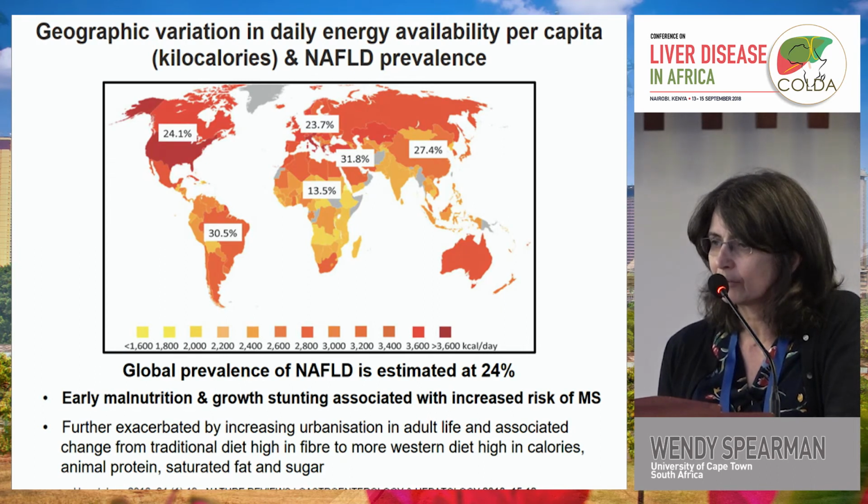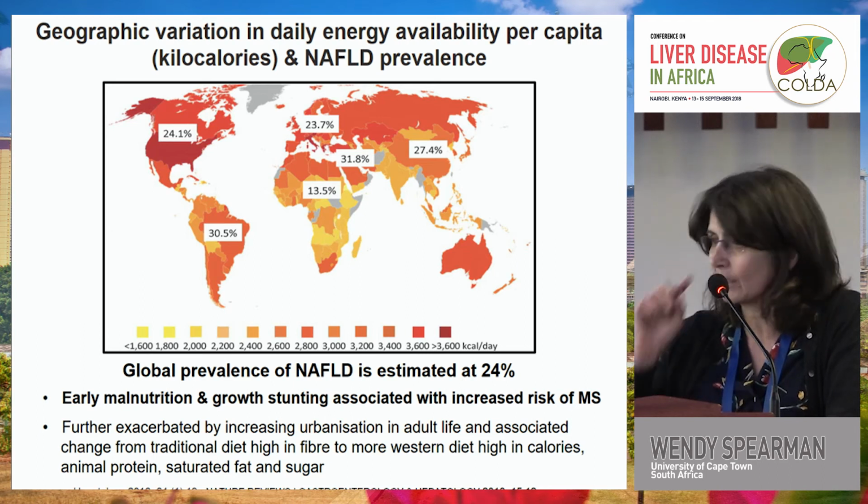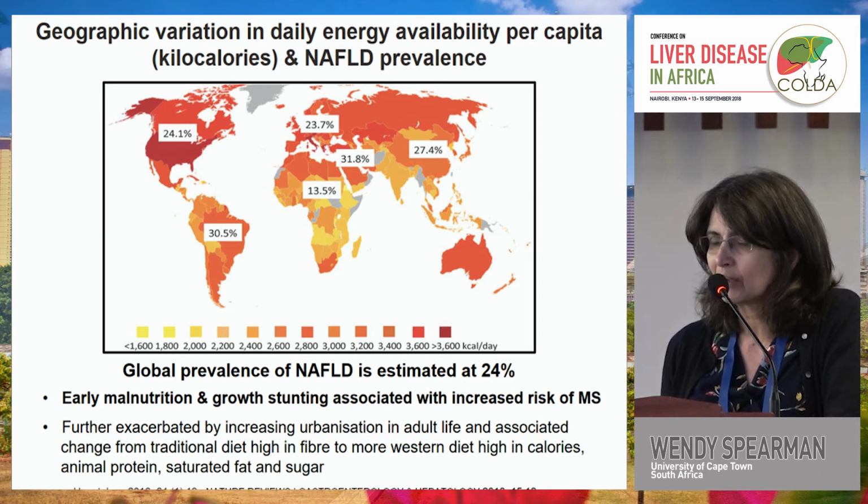If we look at this map, we see the global prevalence at 24% and an estimated prevalence of NAFLD of 13% in Africa. However, if we look at the intake of calories, we see in the north and in the south high intakes of greater than 3,500 kilocalories per day. And we need to remember within the rest of Africa, early malnutrition and growth stunting is associated with an increased risk of metabolic syndrome.